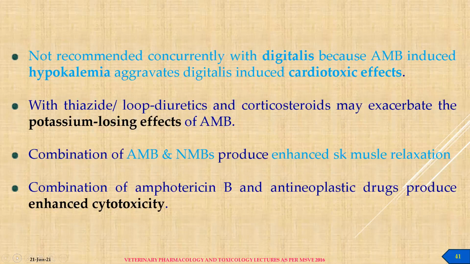Then the combination of amphotericin B and neuromuscular blockers enhances skeletal muscle relaxation. And the combination of amphotericin B and anti-neoplastic drugs produces enhanced cytotoxicity. So they should not be given simultaneously.